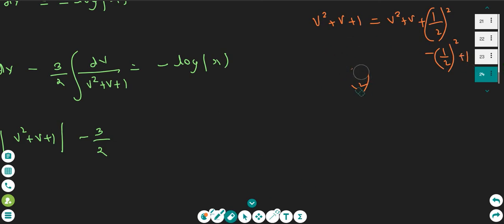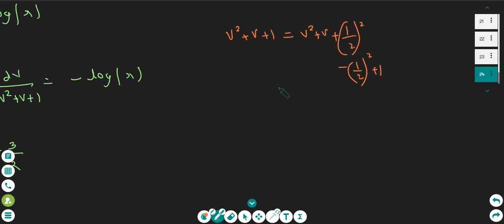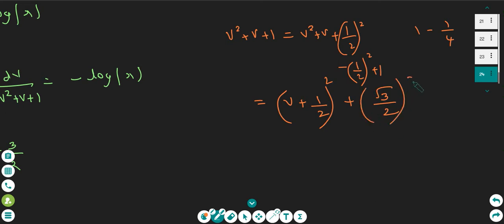Now we are just writing this by completing the square. So v squared plus v plus half squared, I can write as v plus half, whole squared. And this 1 minus 1 by 4, which is 3 by 4, a positive 3 by 4, that I can write as root 3 by 2 squared.